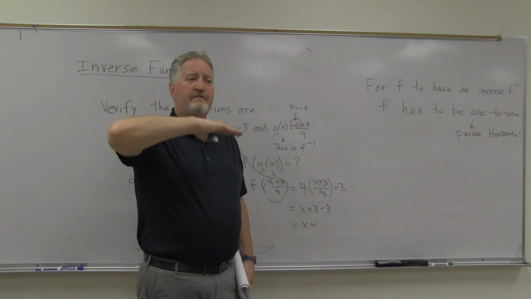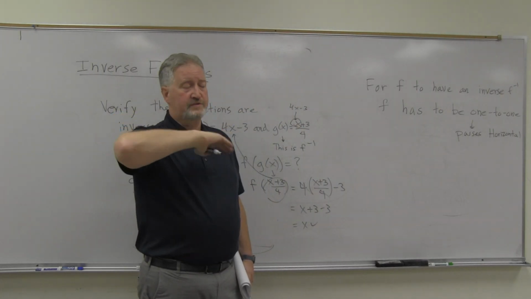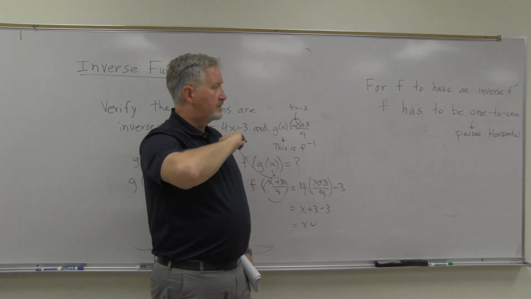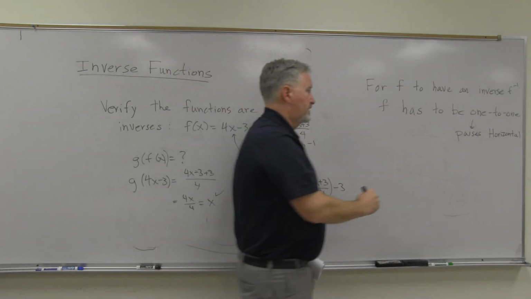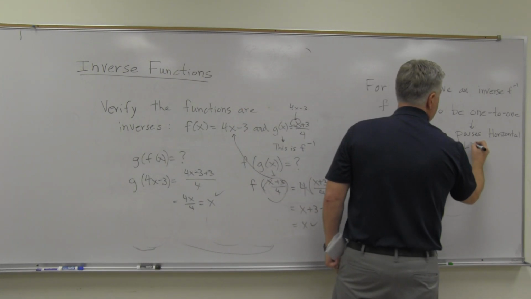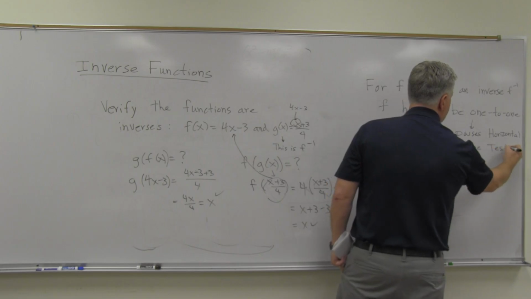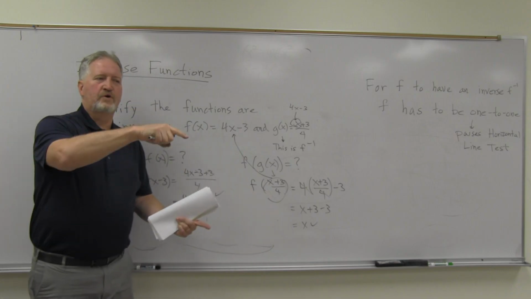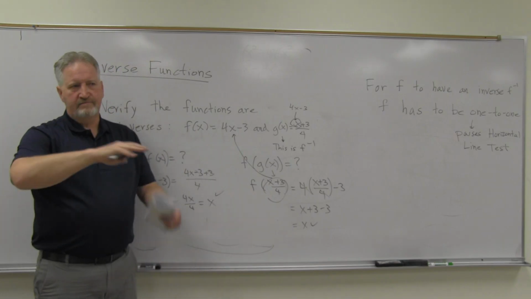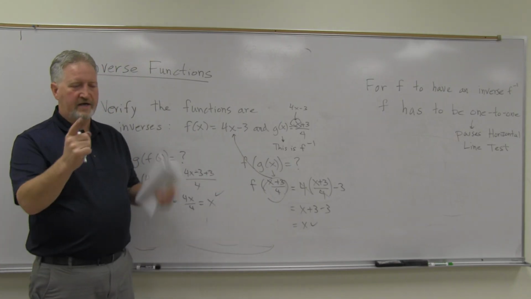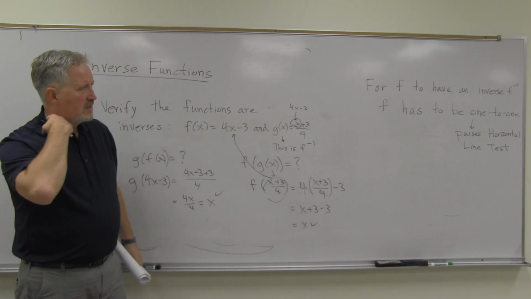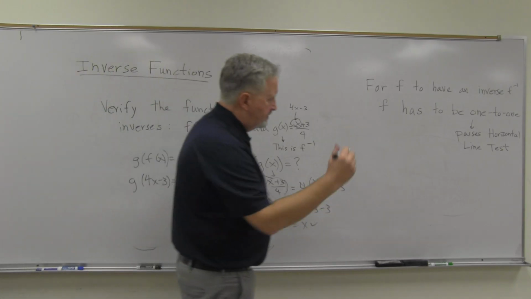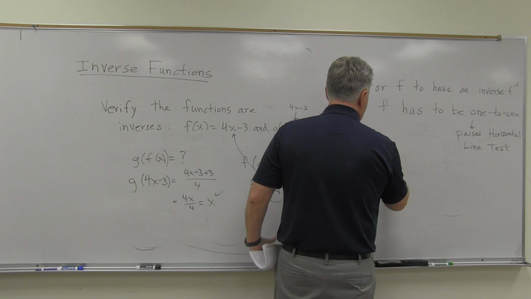To be a 1-to-1 function, it has to pass both of those. Horizontal, to be 1-to-1, it has to pass the horizontal line test. What that basically means, 1-to-1, 1x for 1y, and 1y for 1x. 1-to-1. 1x, 1y, 1y, 1x. Both ways. But that's the horizontal line test.